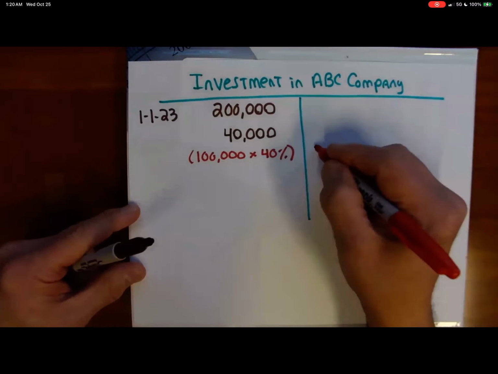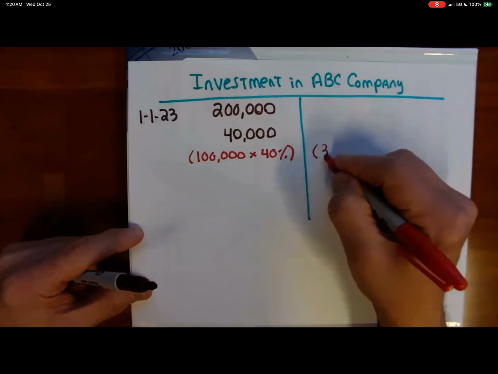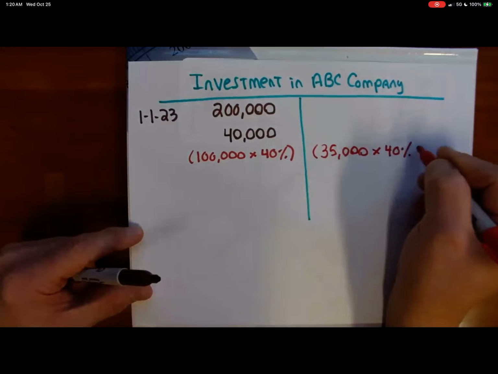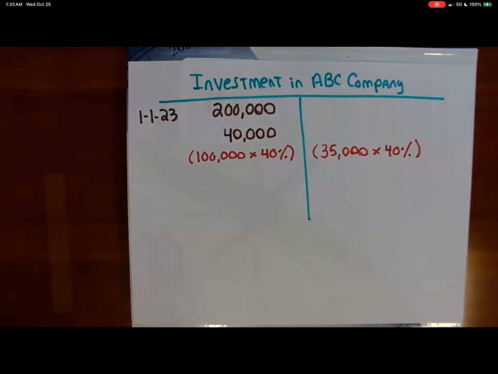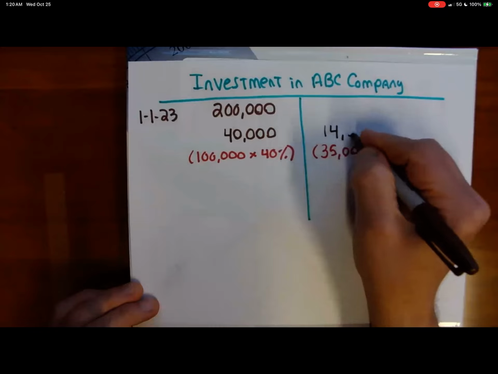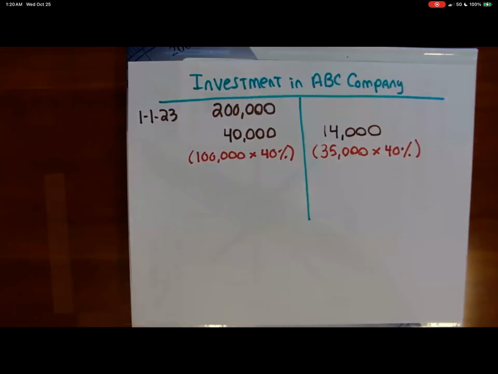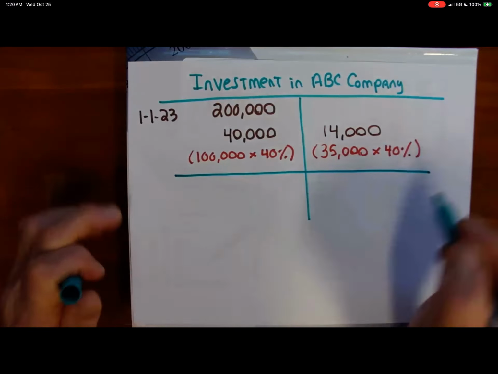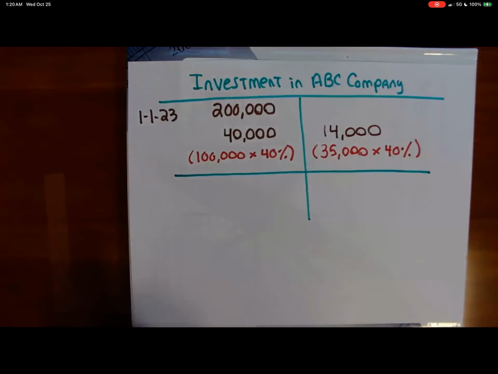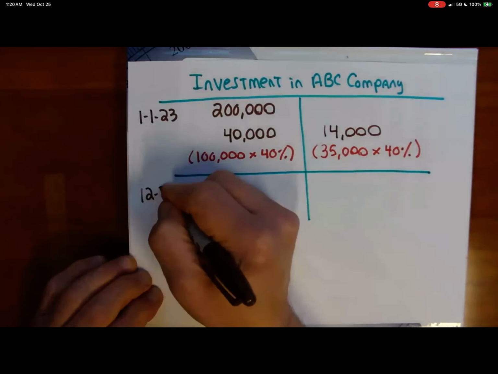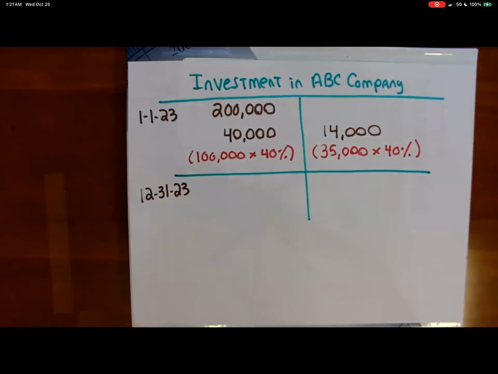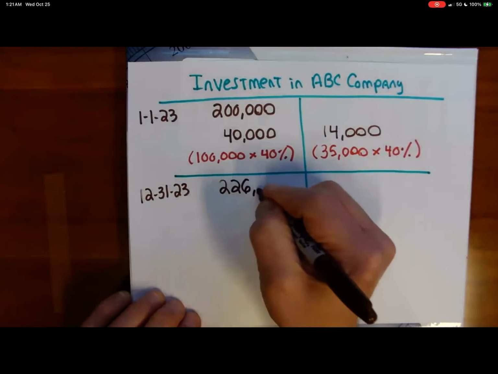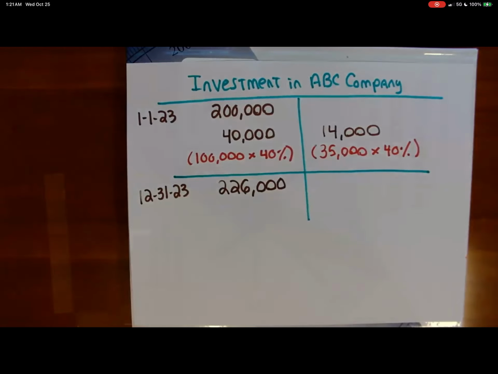So the dividends we would have received, which is the decrease here, 35,000 times 40%, decrease of 14,000. So at December 31, 2023, the balance in the investment account, $226,000.